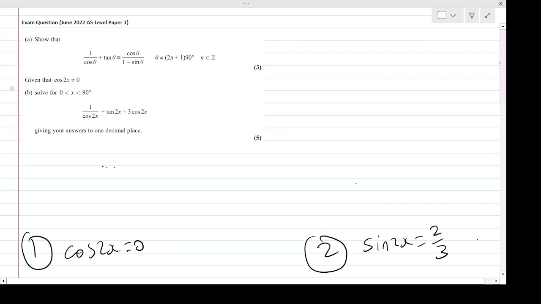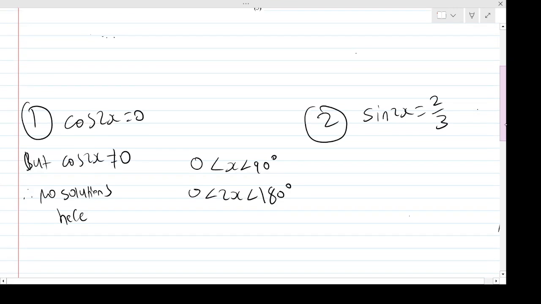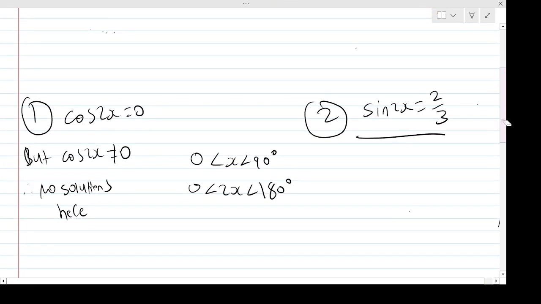So that's why the question has told us it can't be 0. They've not got that out of nowhere. So again, you must pay attention and read the question carefully. In this case, we don't need to solve this. There are no solutions coming from this equation.